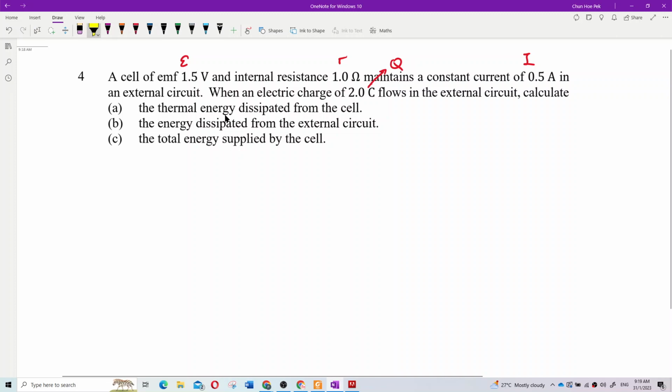Class, energy dissipated from where? From the cell. Why is there energy lost inside the battery? Energy lost through what?